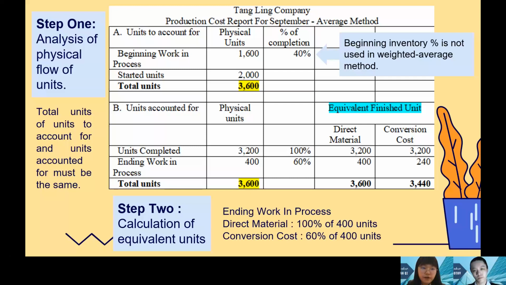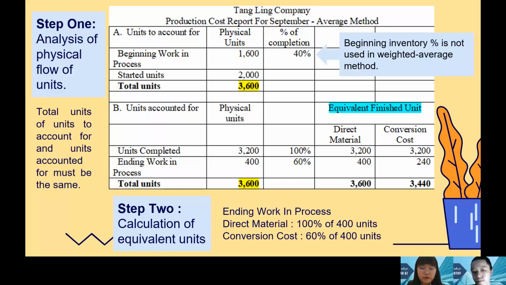Step 2. Calculation of equivalent unit. The unit completed are added 100% in unit accounted for, which is direct material 3,200, conversion cost 3,200. And then ending work in process for direct material is 100%, which is 400 units.